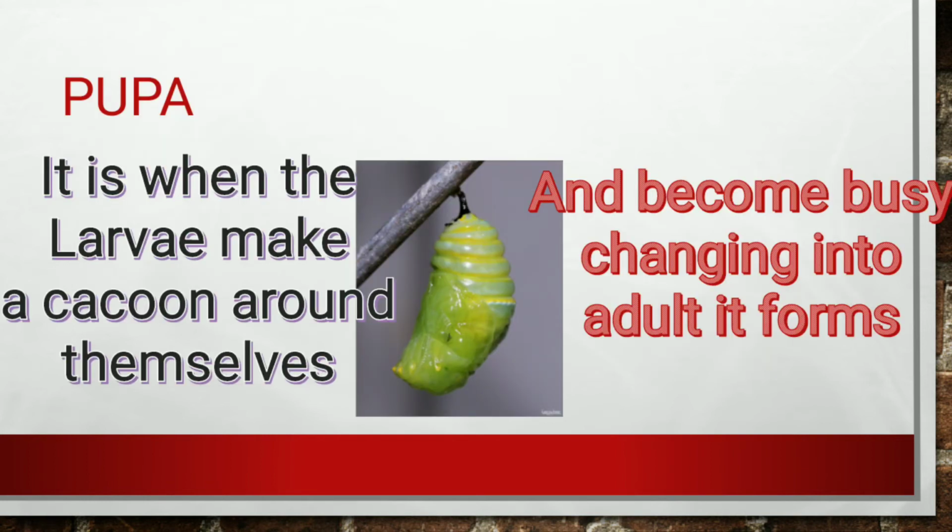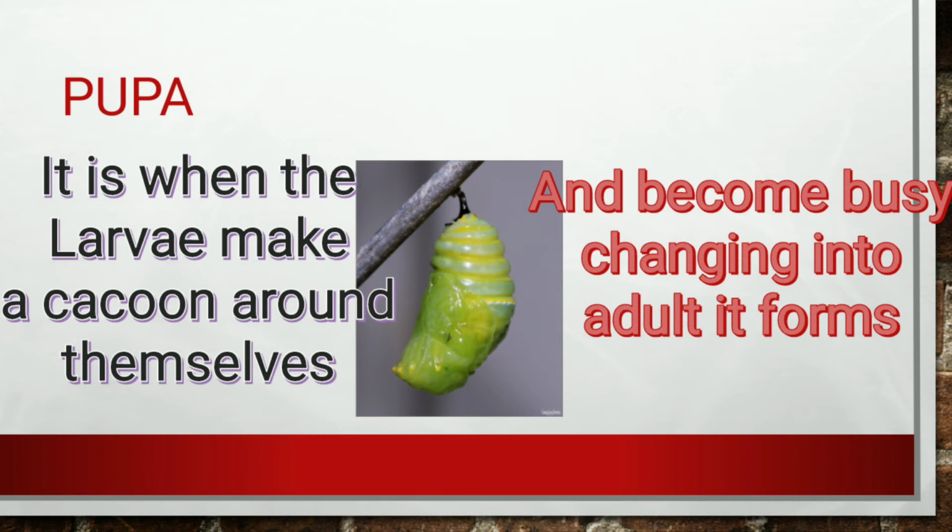The third stage of metamorphosis is pupa. It is when the larvae make a cocoon around themselves and become busy changing into adult forms. Sa bahaging ito, ay hindi sila kumakain at sa halip ay nasa loob lang sila ng cocoon.